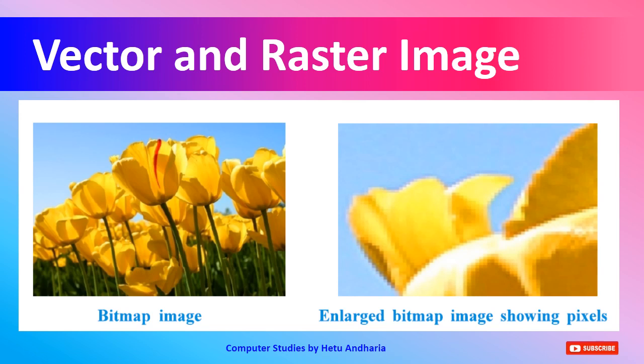How is that possible? That is possible because that image is stored in mathematical form, or mathematical equations form. So whenever you zoom, it will perform the equations and the image will not get blurred. And another way of storing an image is in pixel form. At present, we are going to discuss both of them.